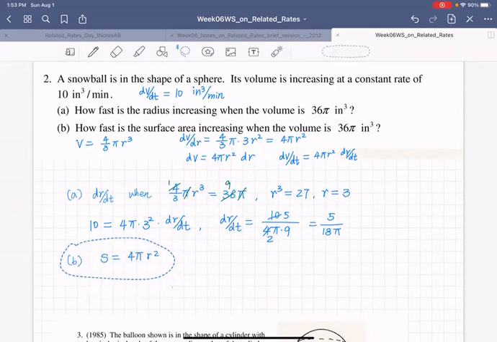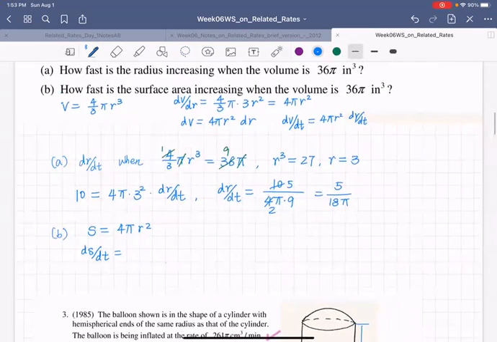Okay, so it's asking how fast is the surface area. So it's ds over dt. And then, that's 4 pi 2r times dr over dt.